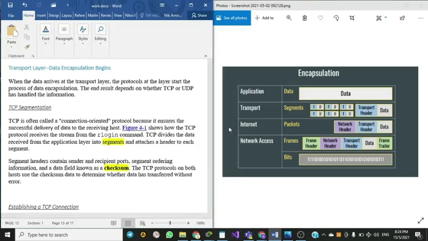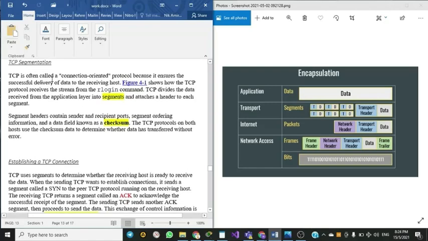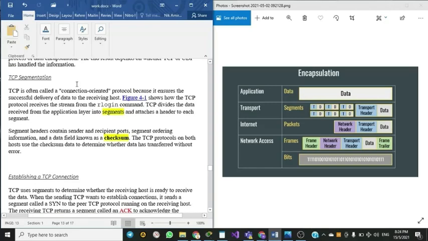At the transport layer, the end result depends on whether TCP or UDP has handled the information. TCP is often called a connection-oriented protocol because it ensures the successful delivery of data to the receiving host. TCP divides the data into segments.